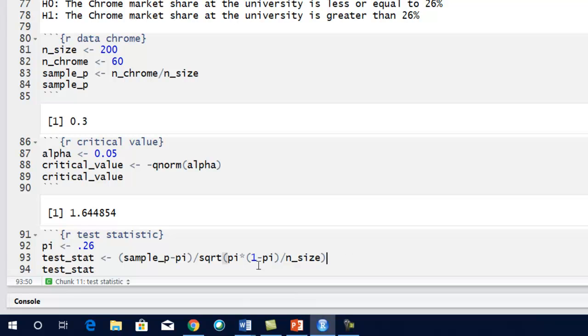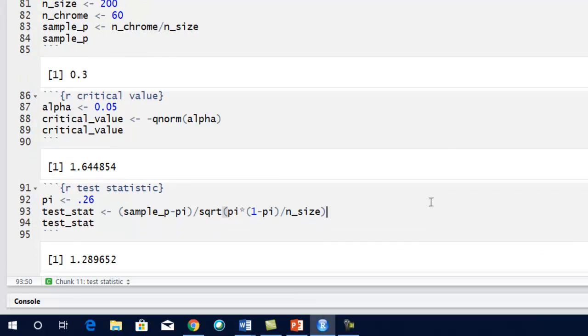I need to make sure all my parentheses are in the right place. Everything looks good, and I'm ready to calculate. Okay, so right there I have my test statistic.